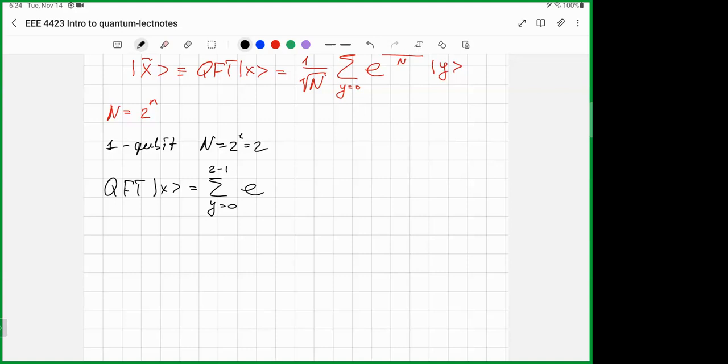Then e to the power of 2 pi i x y over 2, state y. So in this case, we have two terms, 1 over square root of 2. Then in parentheses, I get e to the power of 2 pi i x times 0, right, for the first state.